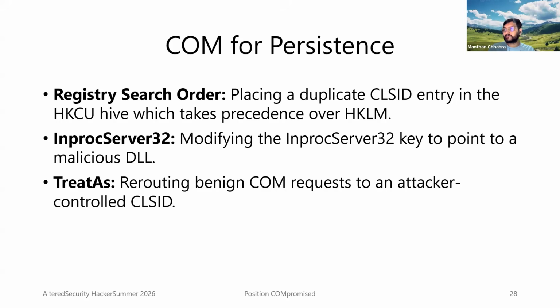By the way, Elastic EDR has multiple detection rules for this UAC bypass. So instead of modifying that UAC's DLL path or anything else, we can simply point it to any other COM object, and that will be a much safer manner. So these are some of the ways that you can utilize COM for persistence.